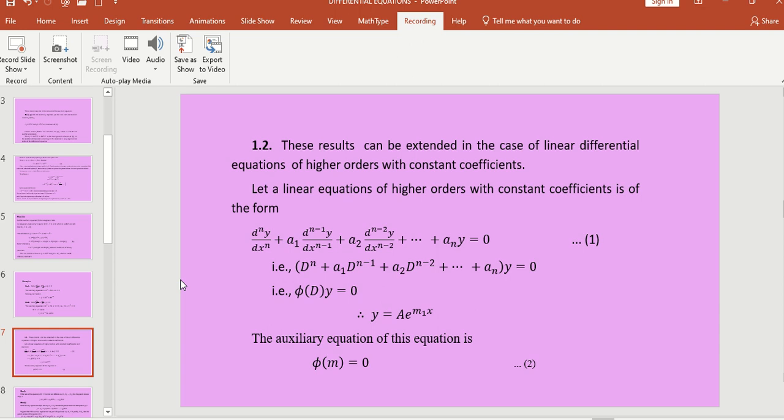Now here also we introduce the differential operator D = d/dx. So we have the equation. Now if we take that outside of y, then we have φ(D)y = 0. So we have y = a e^(m1 x). Therefore the auxiliary equation is φ(m) = 0.